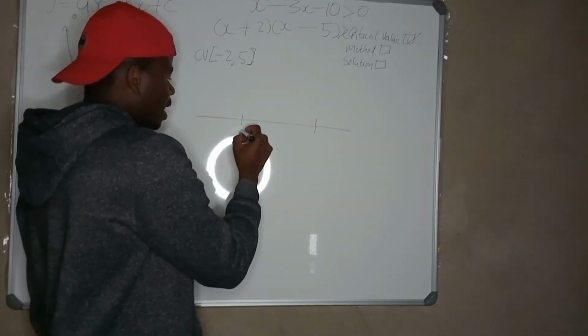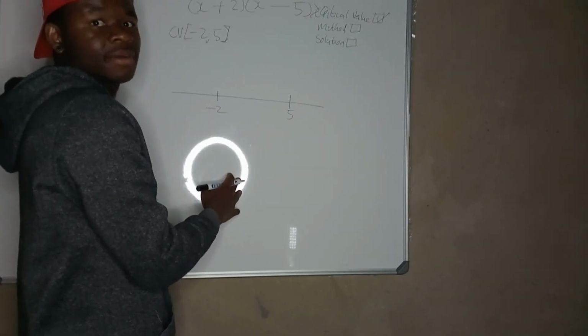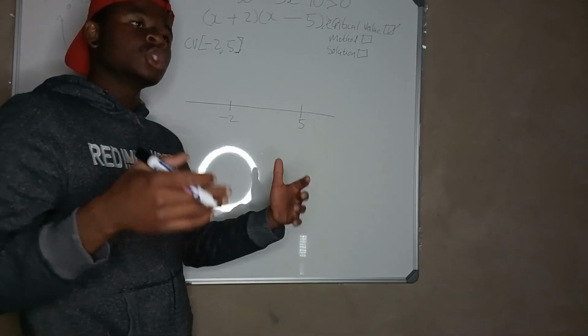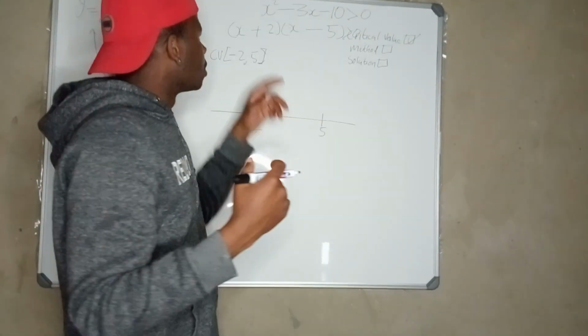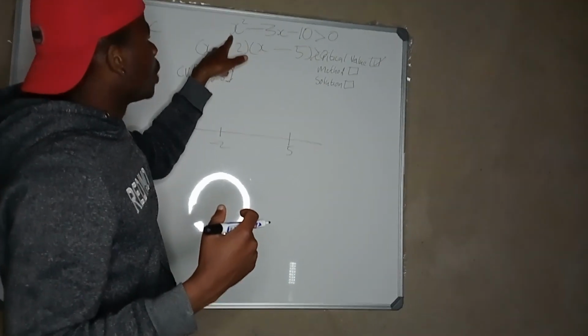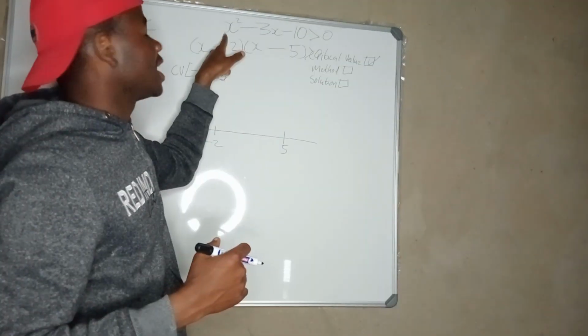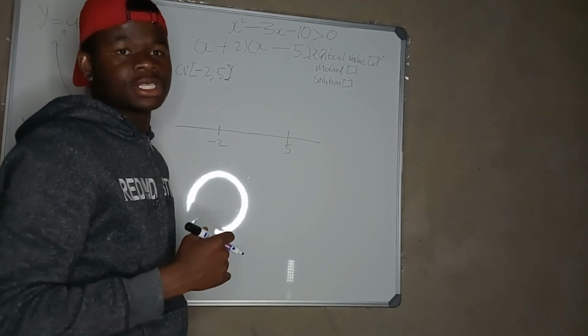So I write minus 2 and then positive 5. Then we go back to our previous knowledge. Look at our A here. Is it positive or negative? Definitely a positive.